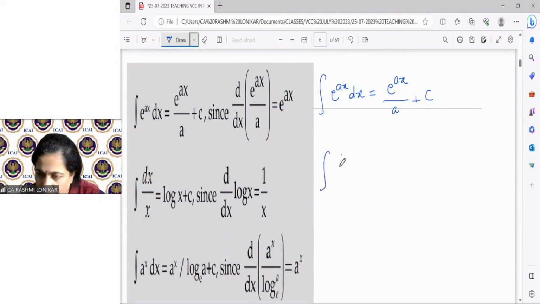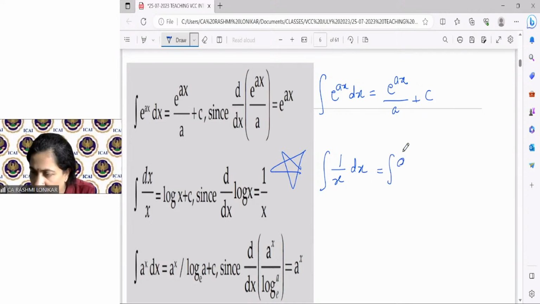Now, integral of 1 upon x dx. Okay. This formula is very important. Integral of 1 upon x dx, sometimes you will see it written as dx upon x, is equal to log x plus c.